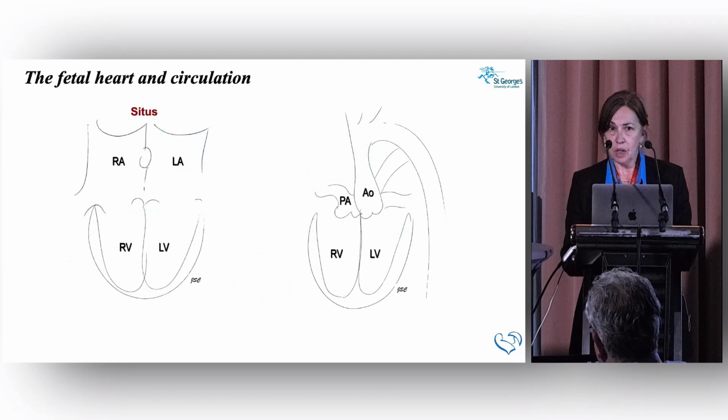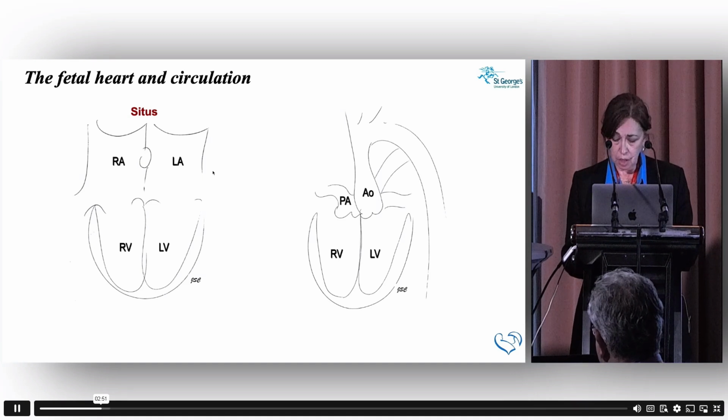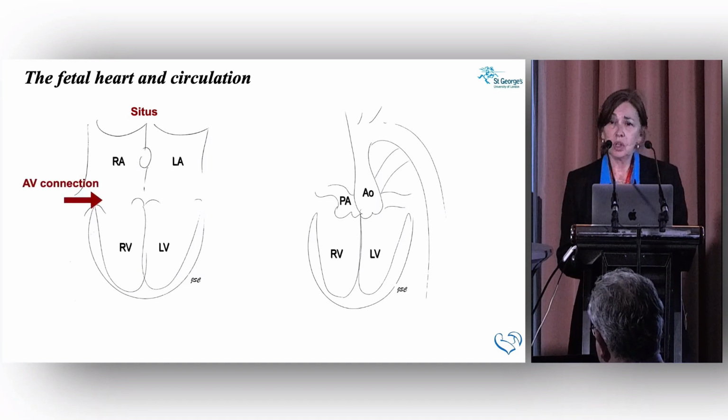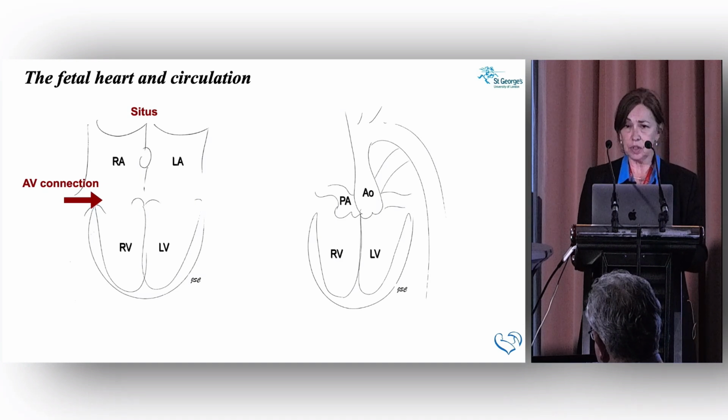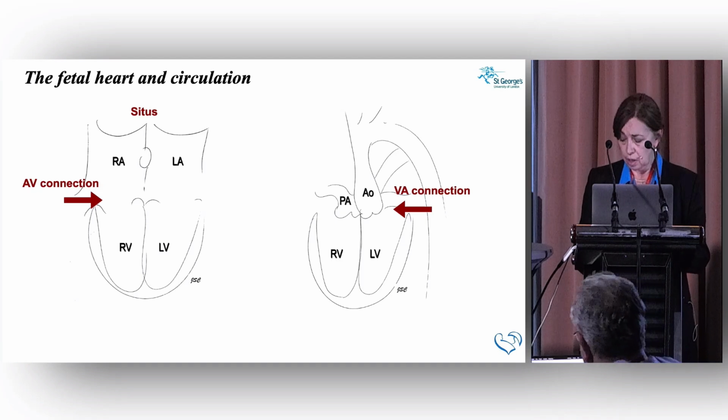When you look at the heart from the scanning point of view, the situs will tell us about the morphology of the atrial chambers and the position of one in relation to the other one. The atrioventricular connection tells us about how the ventricular myocardium connects to the atrial myocardium, and the ventricular arterial connection, how the ventricle connects to the arteries.